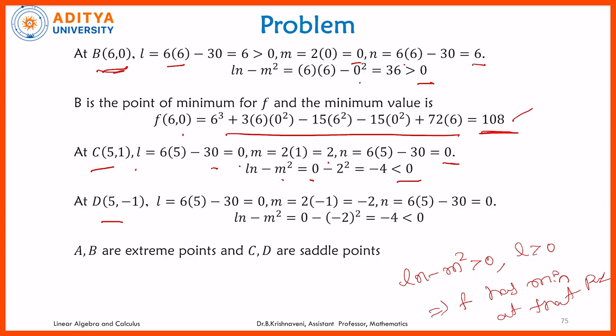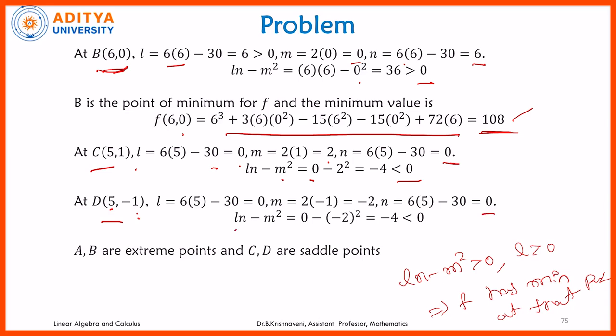Now do the same at the point (5, minus 1). L: 6 into 5 minus 30, by taking x equal to 5, is 0. M is equal to 2 into minus 1, by taking y equal to minus 1, which is minus 2. N is equal to 6 into 5 minus 30, which is equal to 0.